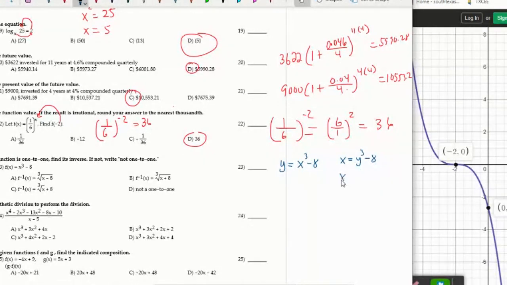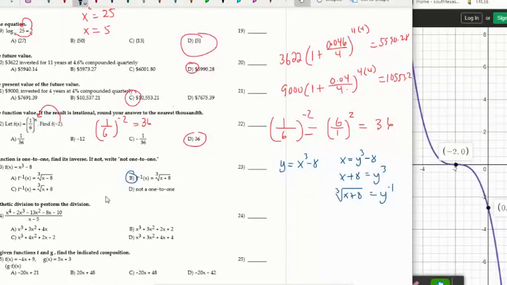So we added 8 to both sides, we take the roots, and we got our new y, which we said would be our inverse, right? So this and this would be inverses to each other. So just remember that you switch x and y, and solve. And that would be letter B.